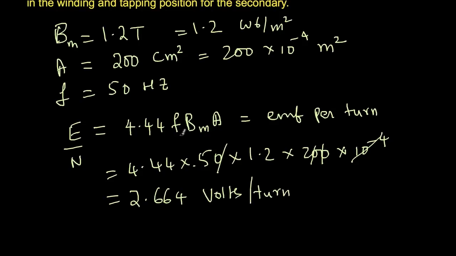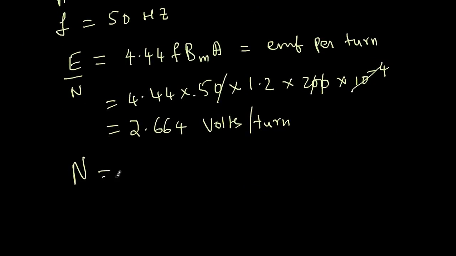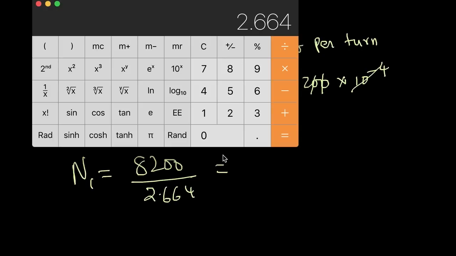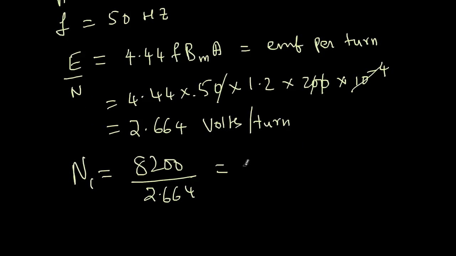So therefore, to get the total of 8200 volts, total N or N1 will be 8200 volts, my required voltage, divided by 2.664. So I'm getting 3078 turns. So this many turns I have to do on the winding.